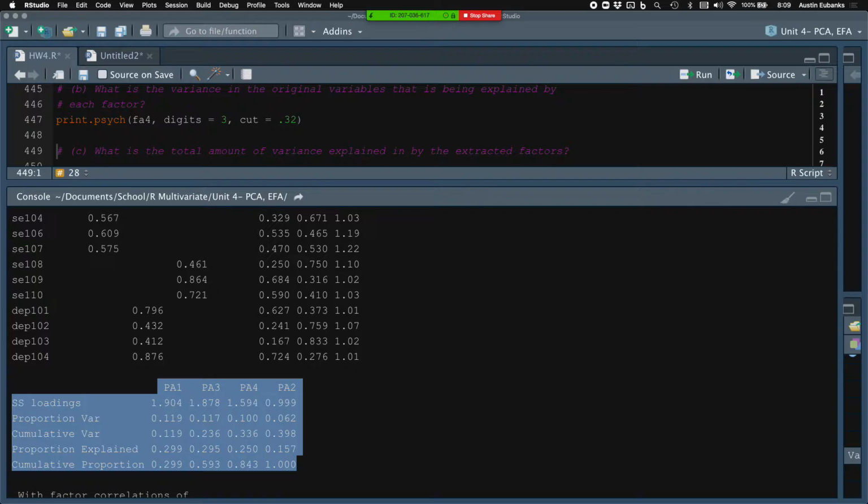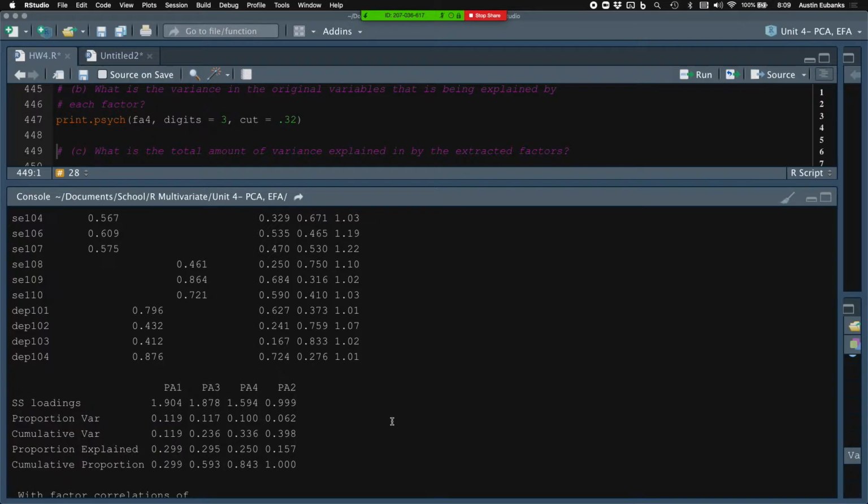Sure. B says, what was the variance in the original variables that was being explained by each factor? So we got the eigenvalues, and for the variance in the original variables being explained by each factor, you're going to look at your proportion variance line. The first factor explains what proportion of variance in the X variables.